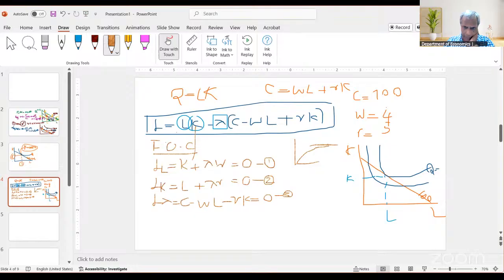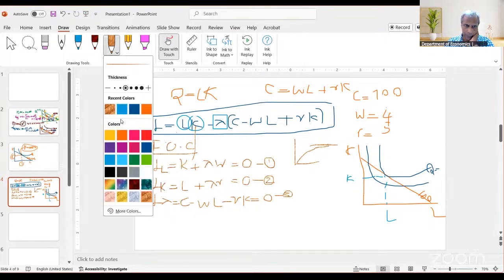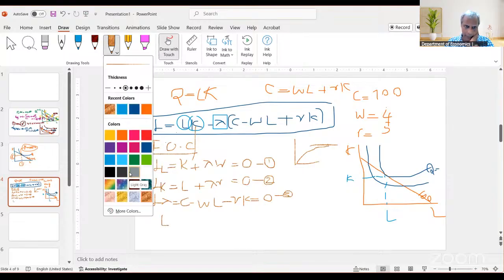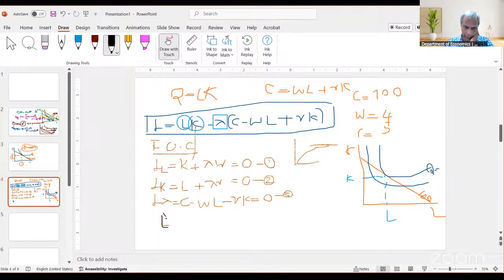Now what you do, using these equations, you can find the answer to L and K. Even we can find lambda also. So those are the values you get here, K and L.